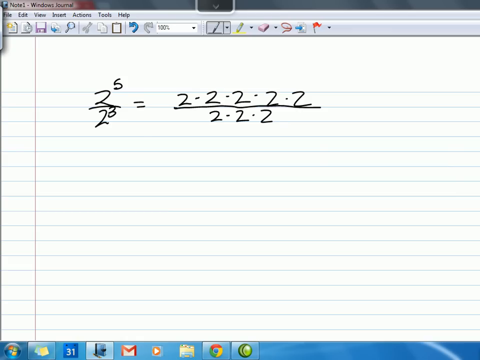The same way I crossed out that 12, I can cross out a set of 2's, and another set of 2's, and another. So all I'm left with is 2 times 2, or 2 to the power of 2. So we've concluded that 2 to the 5th over 2 to the 3rd gives me 2 squared. It's looking familiar, right?